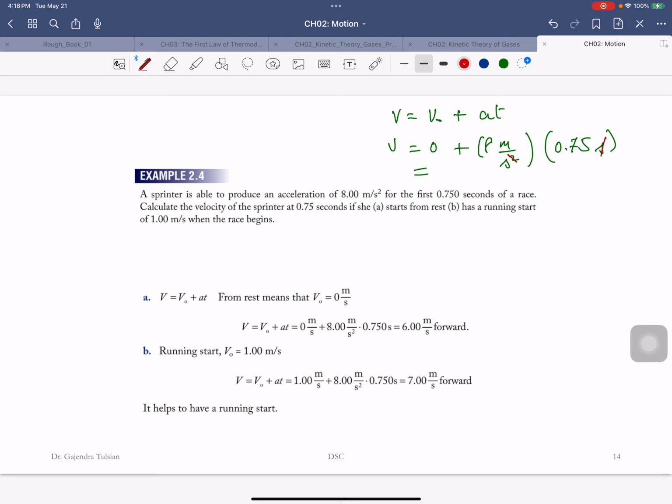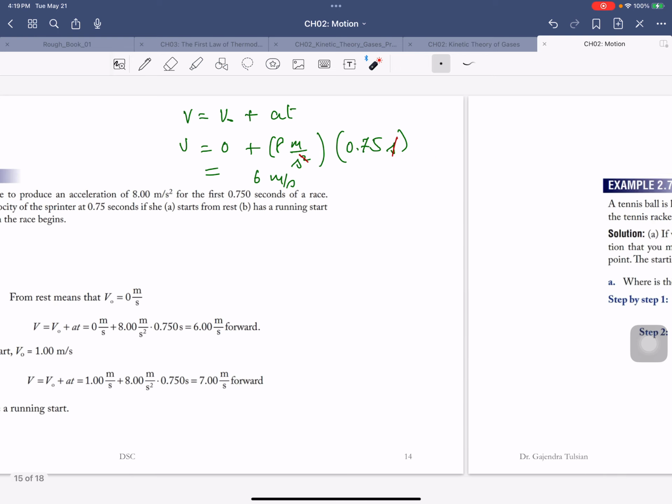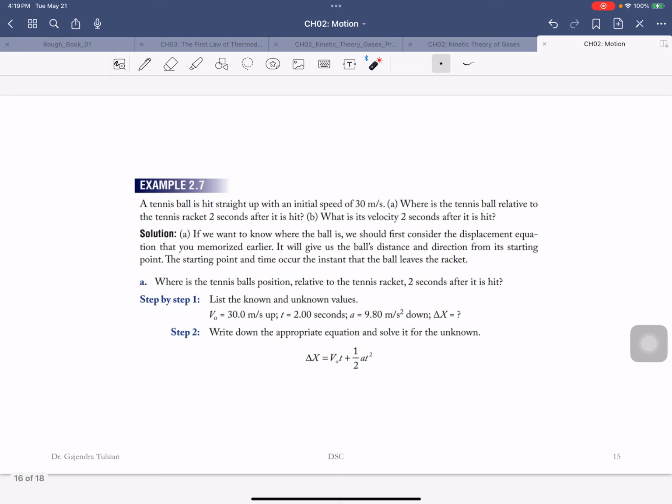And 8 times 0.75 is 6 meters per second. So if the sprinter starts off from rest, has an acceleration of 8 meters per second squared, after 0.75 seconds, she'll be moving at 6 meters per second. All right, so look at those problems closely.